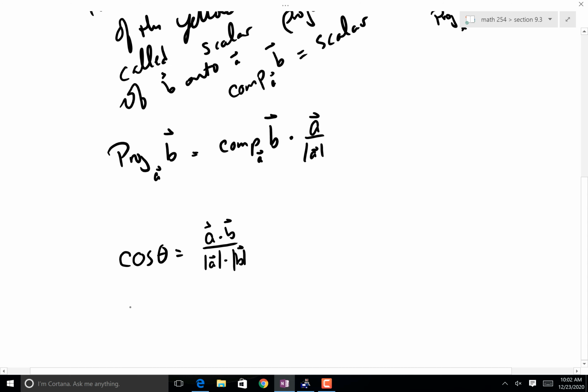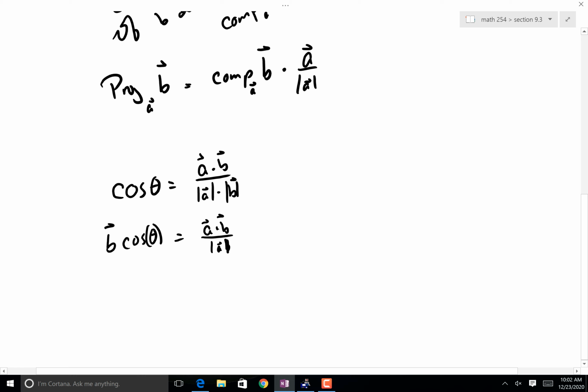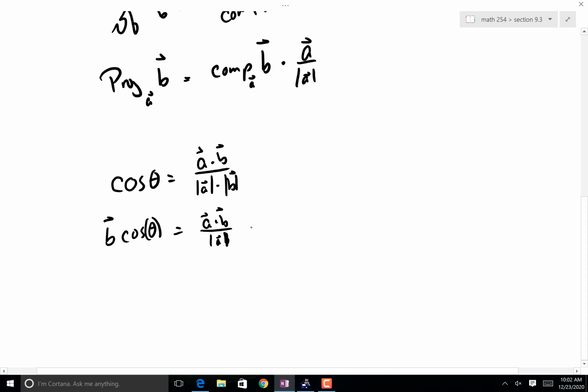To get what I need, I multiply by this guy over to here, correct? Is that true? Yeah, it is. Well, that's easy. So this right here, by definition, is what we call the scalar projection of B onto A. That's all there is to it. This bit right here. Nothing to it.